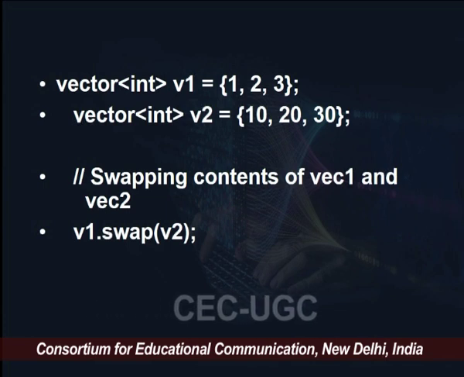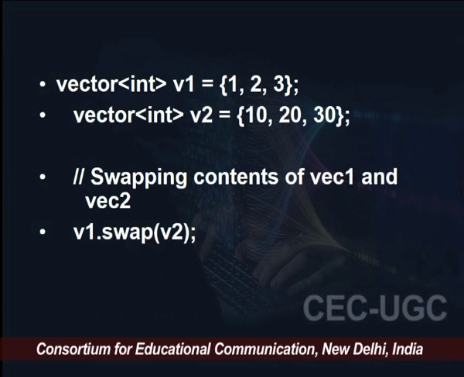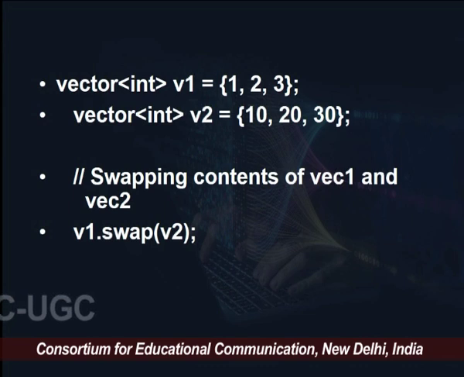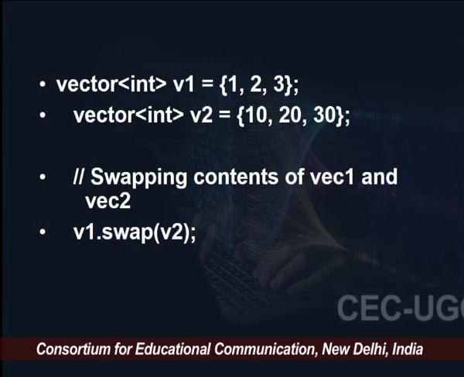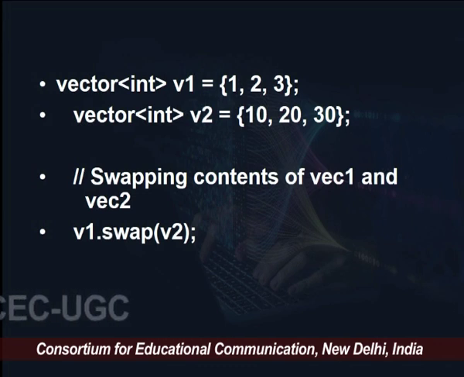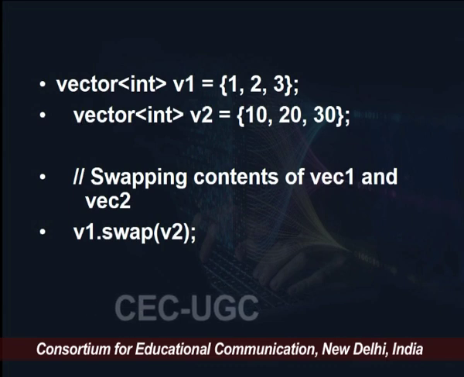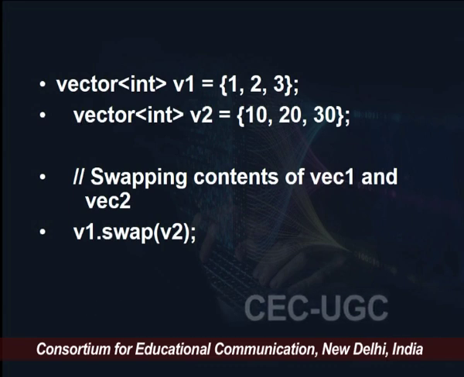So, one is the vector V1 which is calling this swap function, and another one is the vector V2 which is being passed as an argument to this swap function. So, the calling vector and the argument vector will swap their contents.